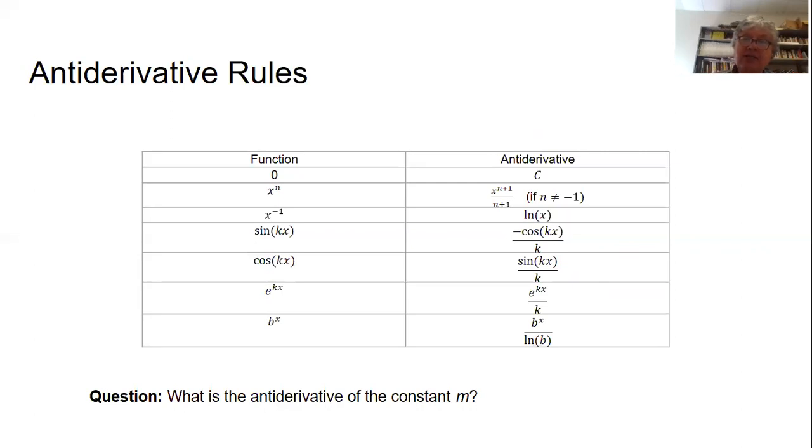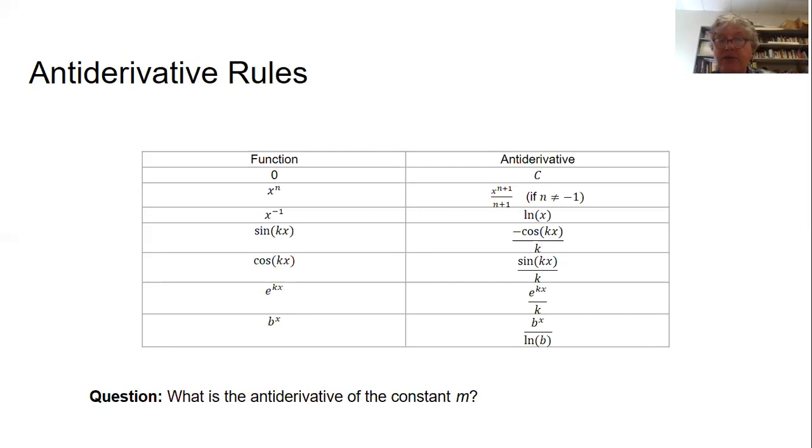To take the antiderivative, we add 1 to the power and we divide by that power. And you just double check that that works, right? Take the derivative, down comes the n+1, the n+1's cancel, and we're left with x to the n. Notice this only works if n is not equal to -1, because we can't divide by 0.